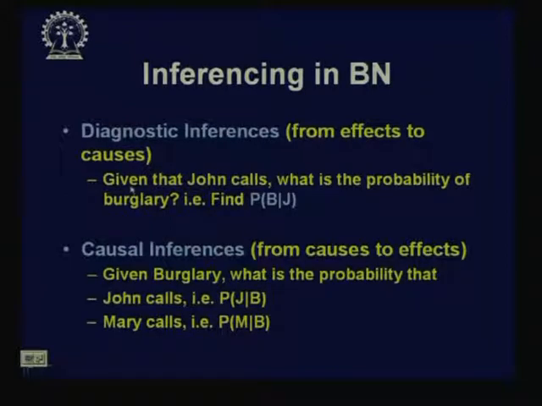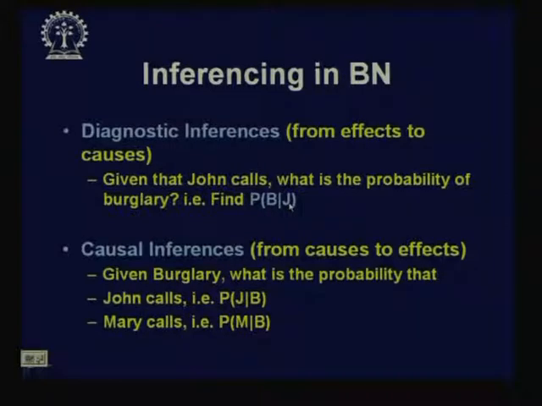Suppose given that John calls, what is the probability of the burglary? So, the evidence was John has called, and what is the probability of burglary? That is diagnostic. Or, I have seen the effect, my car is not starting. What is the probability that there is some problem in the spark plug? That is what we are trying to do. So, it is diagnostic: what is the probability of burglary given John calling?